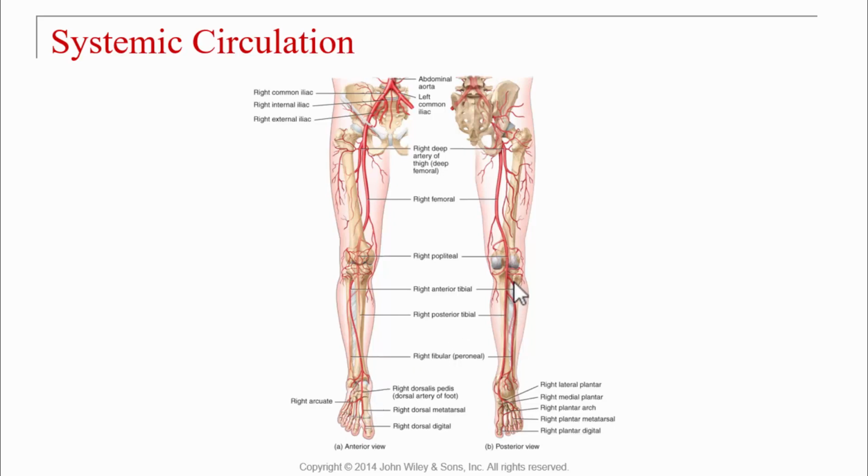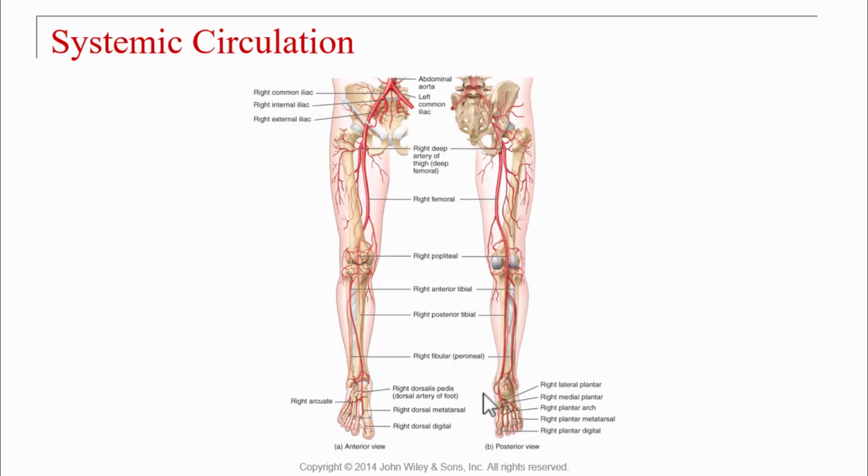Also, the next branch, so that first branch off the popliteal artery, anterior tibial, below that we'll have the fibular, or another name for fibular is peroneal artery. Okay, so that runs along the fibula.